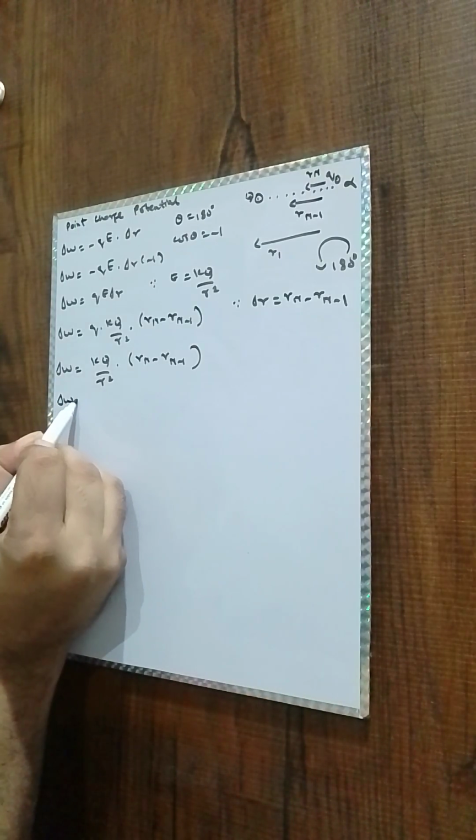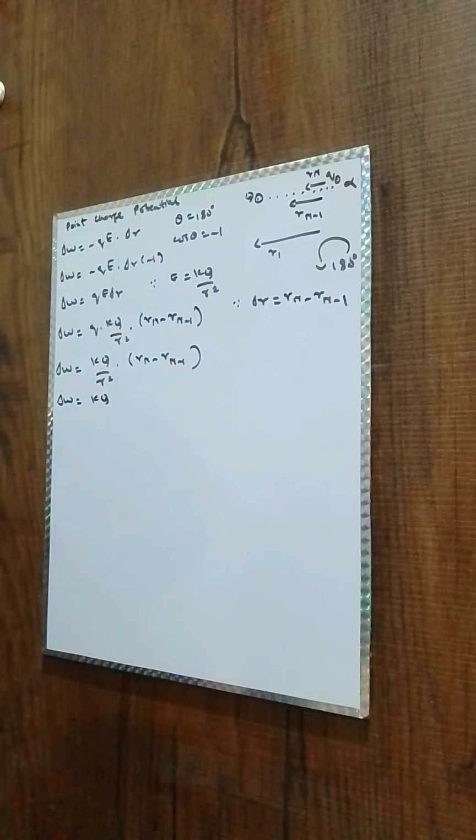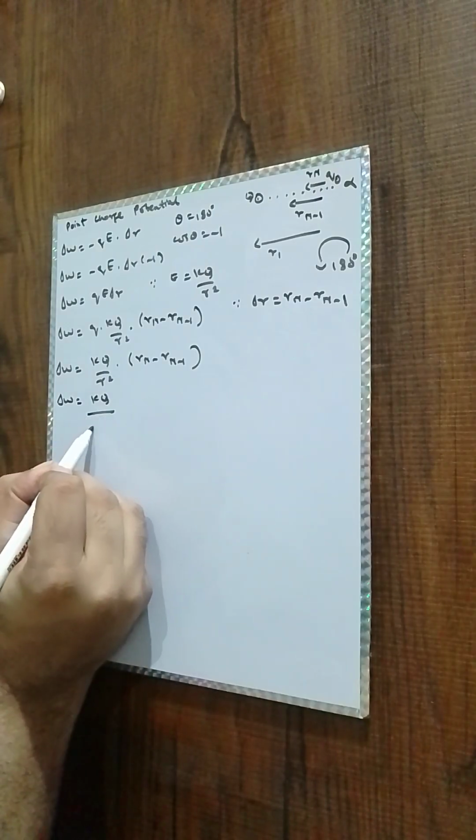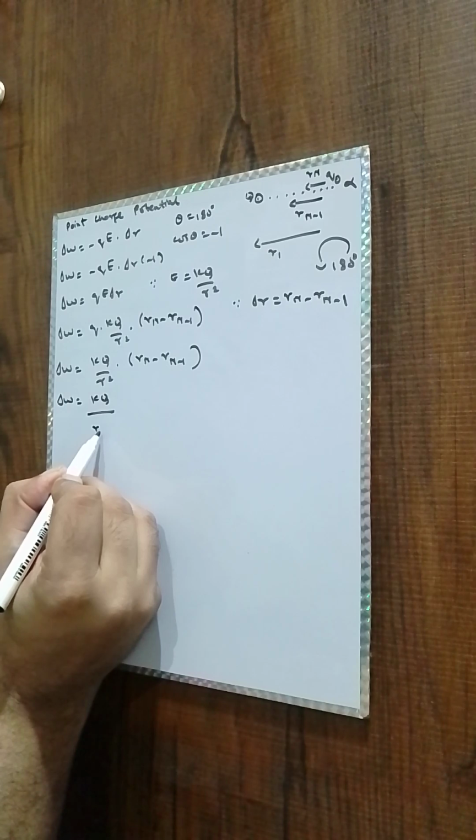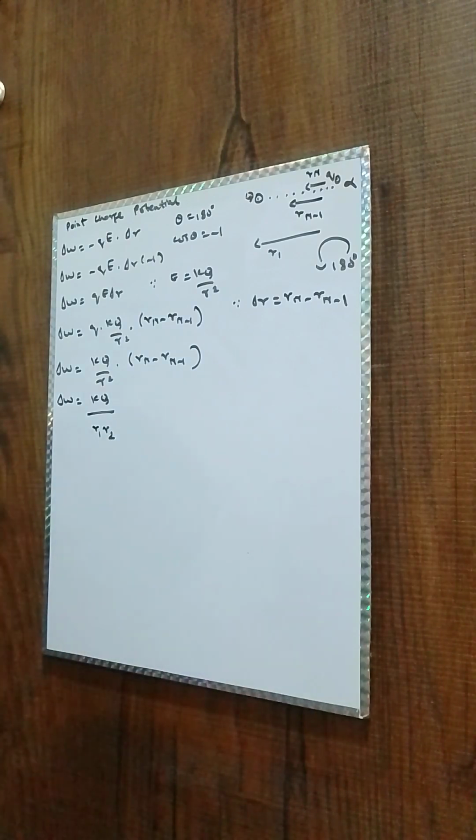So we have the situation where delta W is equal to KQ by R1 R2, let's say. And why so, I will just let you know.